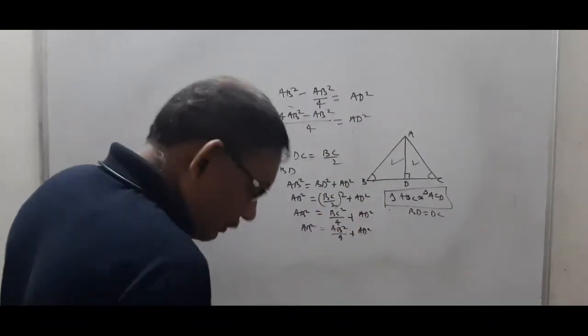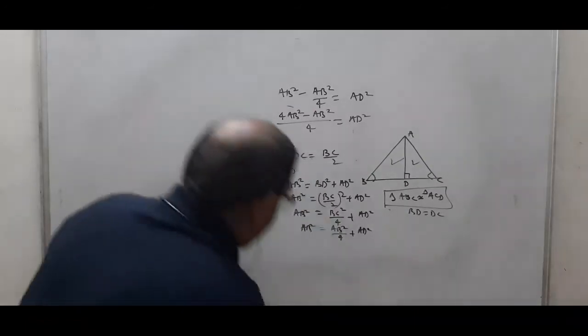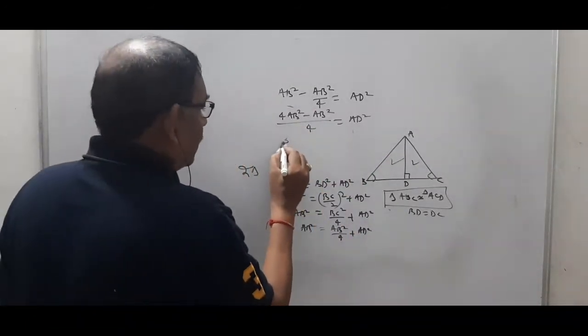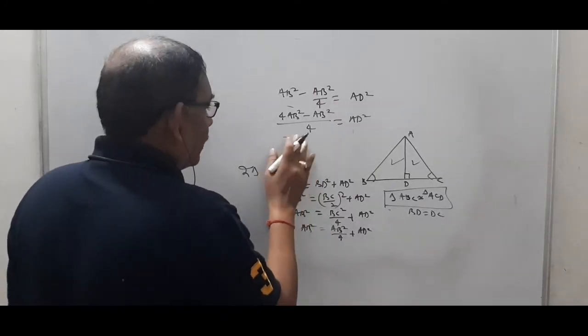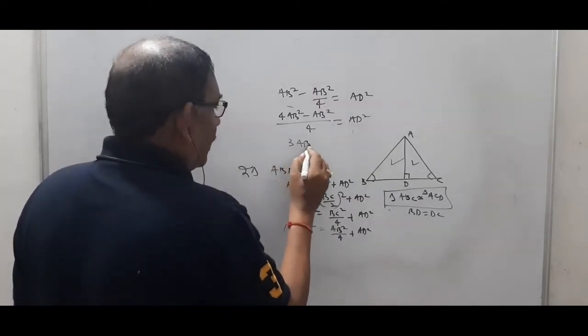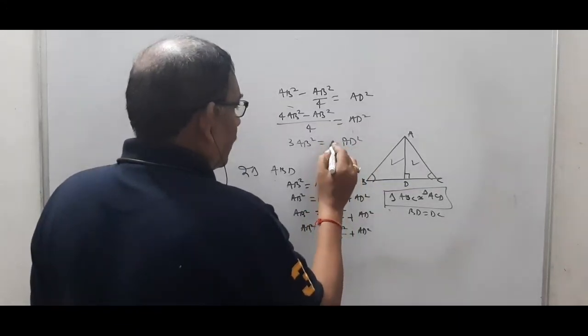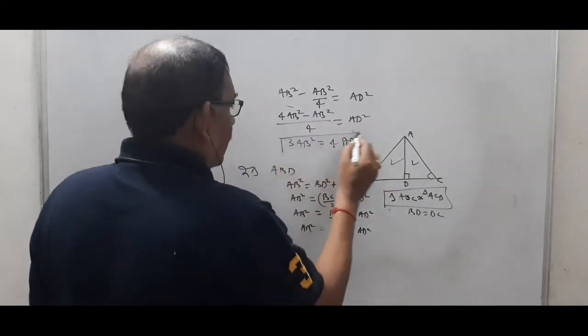Okay. Now it is your 3 AB square equal to 4 AD square. Proved.